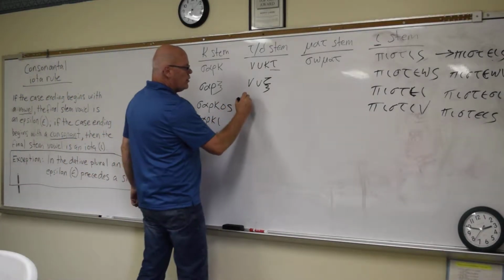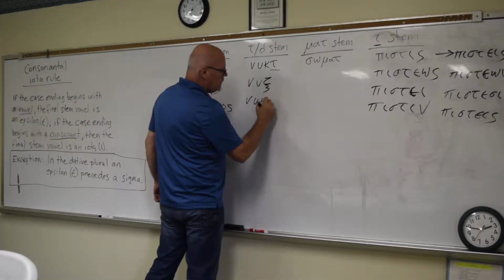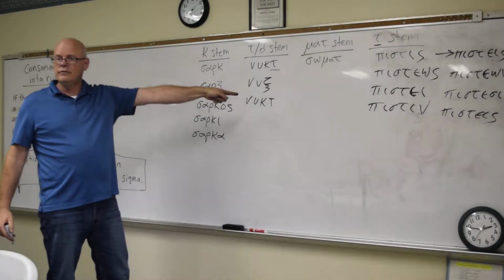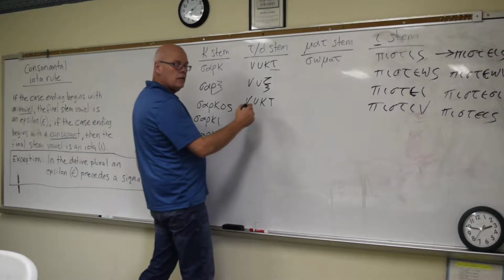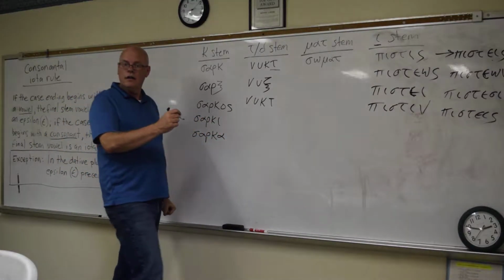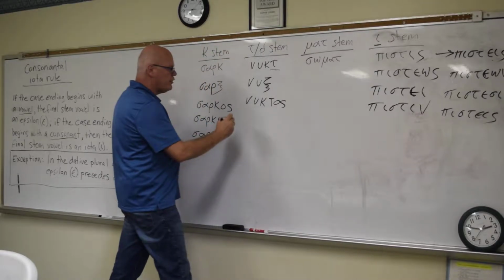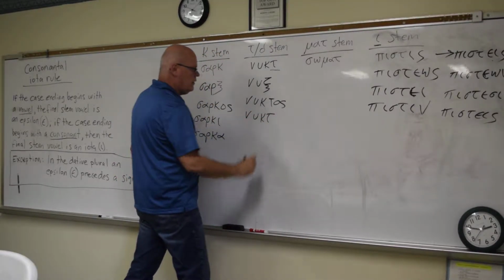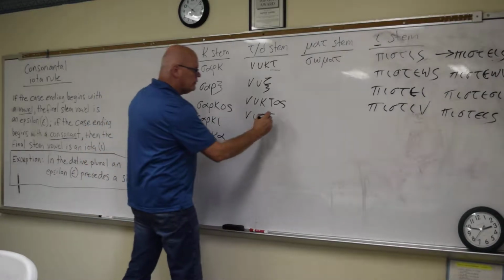Okay, and then if I want to do a genitive, what do I do to do the genitive? Just add os. Os, okay. What do I do if I want to do a dative? Add iota. Okay, good.